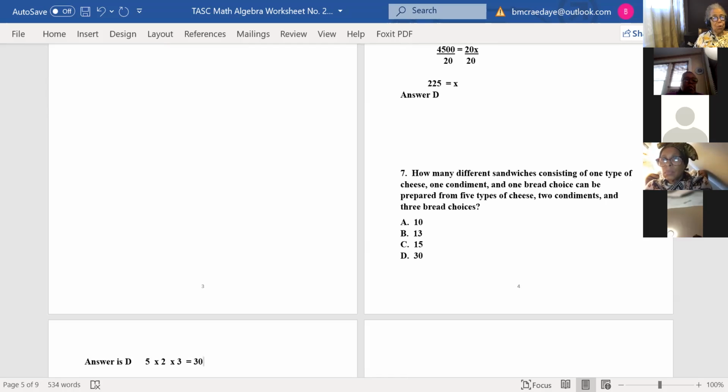So whenever you are trying to find all the different things that can be made up given more than one choice, you just multiply the value of each choice by each other.